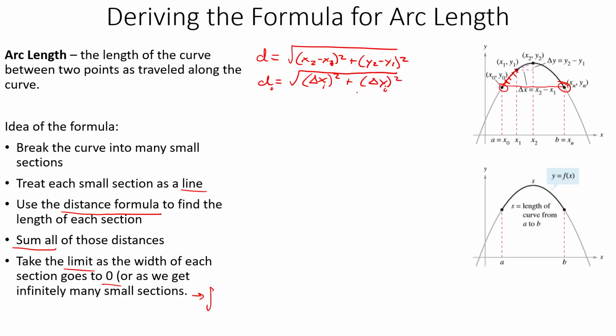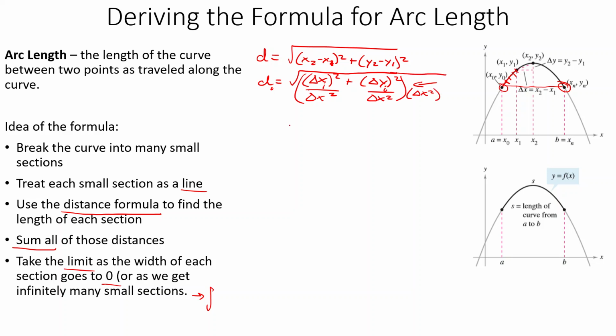Now, to get from this to the actual formula, and we actually do use this formula when we work with parametric equations. But to get from this to the other formula, we divide everybody by the delta x squared in here, and then we put a times delta x squared outside, still under the square root, to cancel it out.